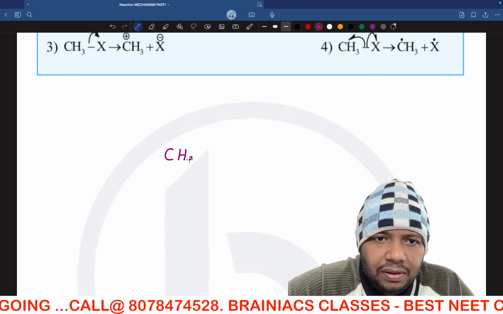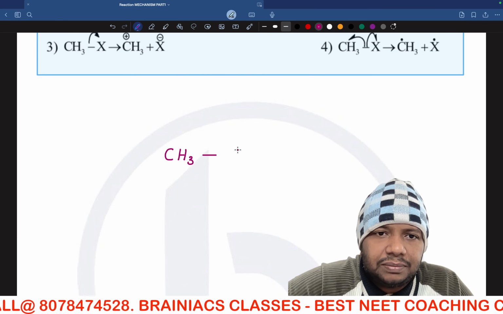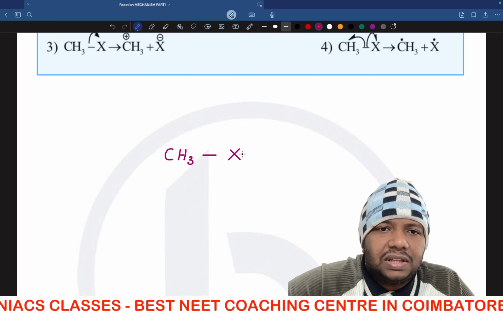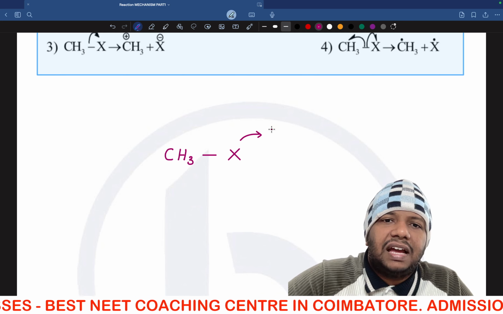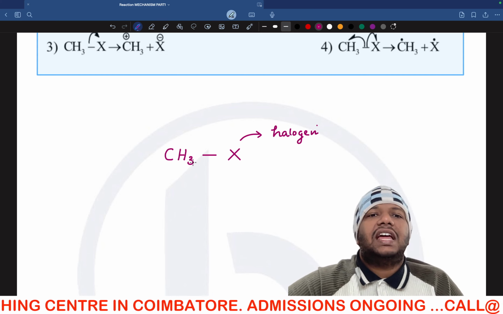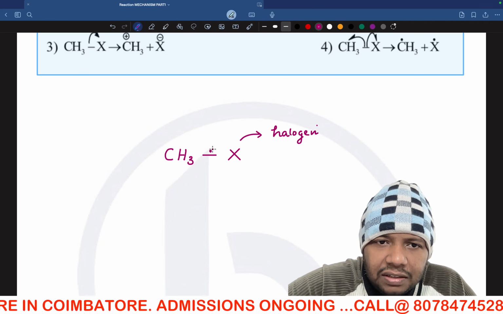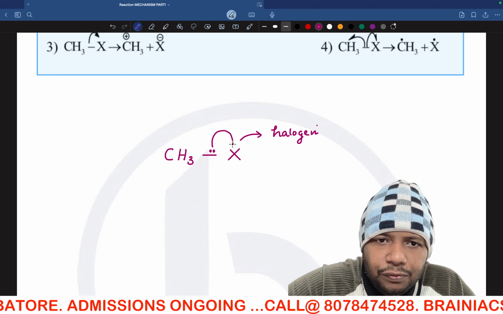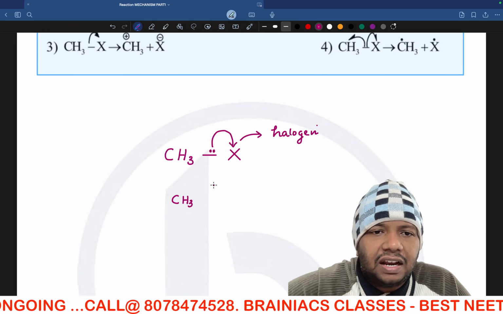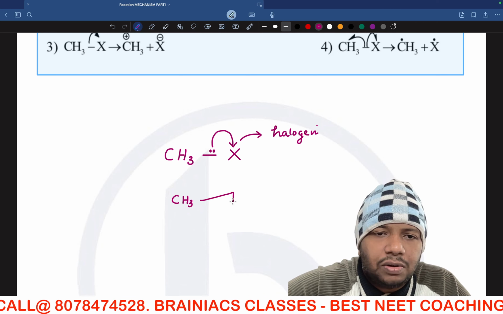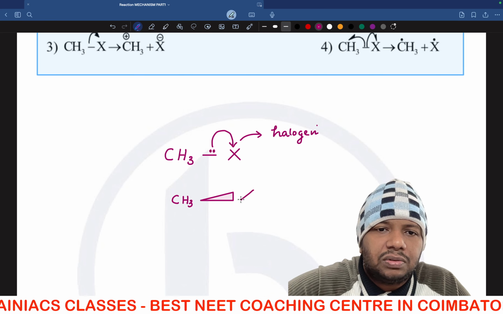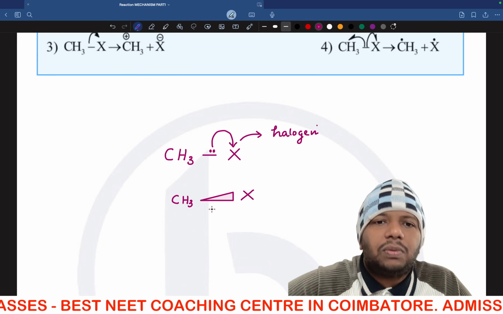Now take out that question. CH3X is present, and we know that this X here is a halogen. We know that halogens are generally electronegative. So what will happen? The electrons present here will shift towards the halogen atom like this, or we can say the electrons move to here and the electron density would be denser near the halogen.